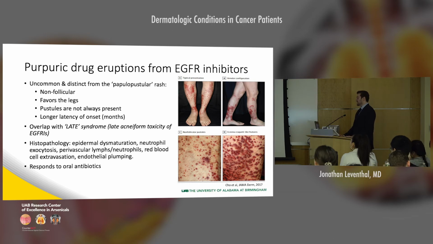I will say that I think there is overlap with this other condition known as late acneiform toxicity. And so I think regardless of what you call it, it's important to know that you can get these unusual presentations in patients on targeted drugs, with some lesions that look like vasculitis, others that look more annular, some that have pustules that are not folliculocentric, and others with these kind of eczema craquelé-like features.